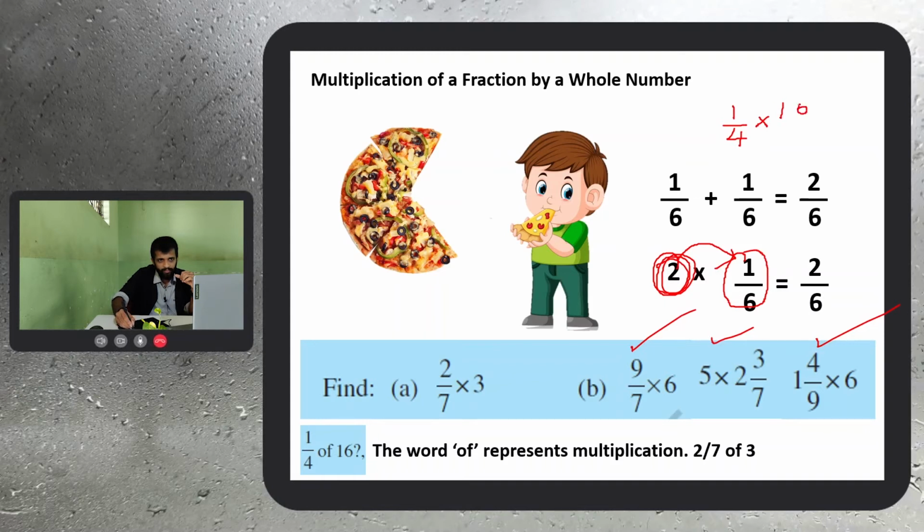So this will become 16/4, which is 4. So whenever you are told that the word of is used in a word problem, you need to understand that it is multiplication. Because if you don't have the clue of these special words, then it becomes difficult to understand any word problem. So of means multiplication.